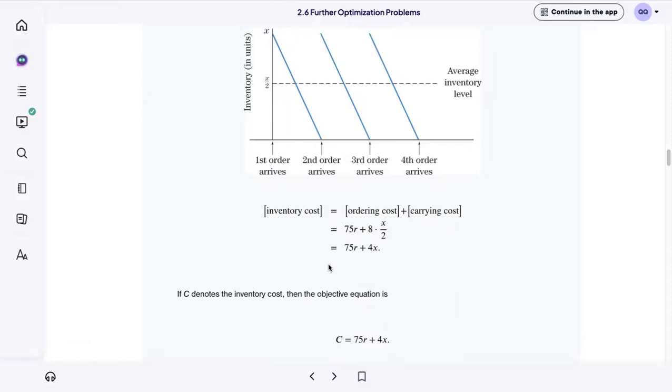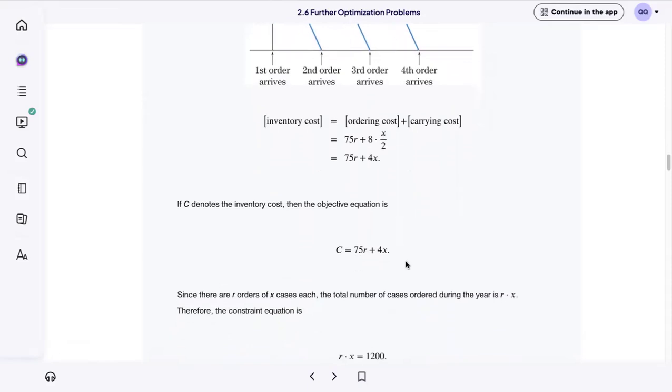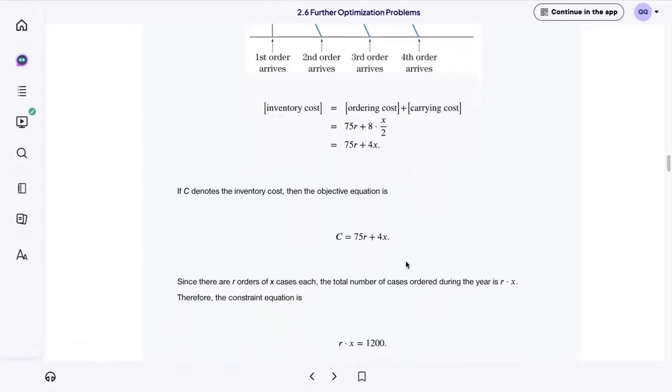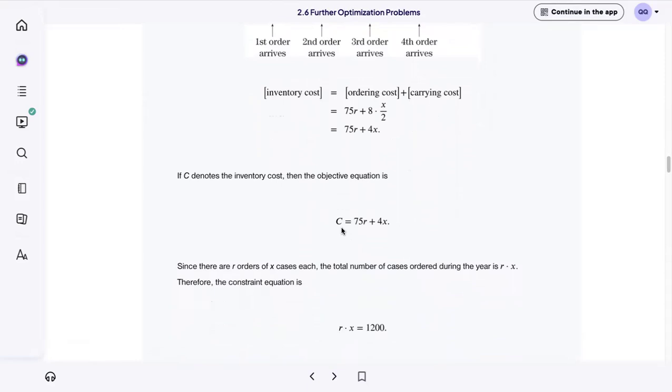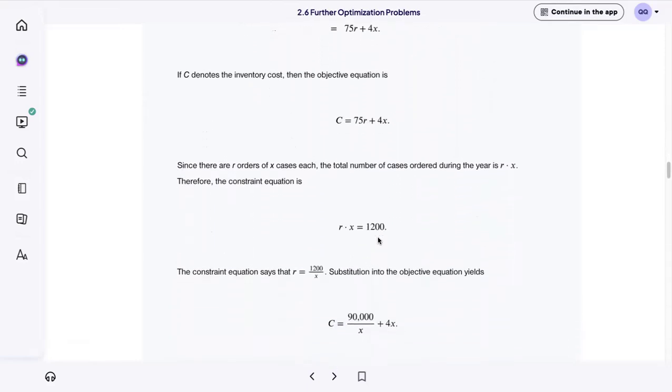So the total inventory cost: we can write C equals 75 times the number of orders R plus 4 times the order quantity X.